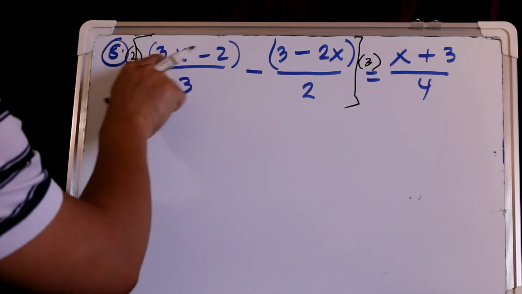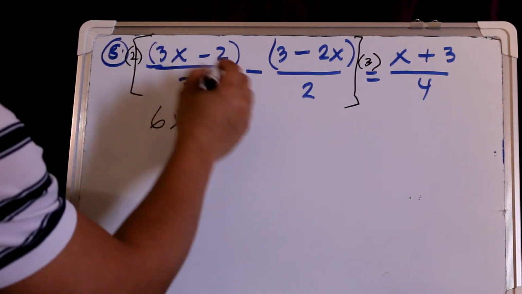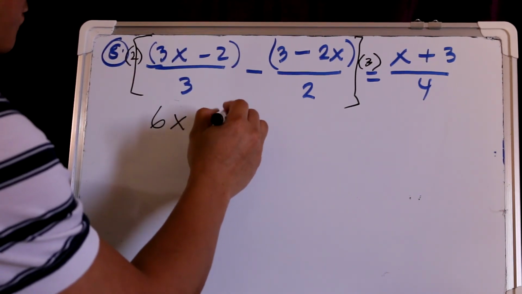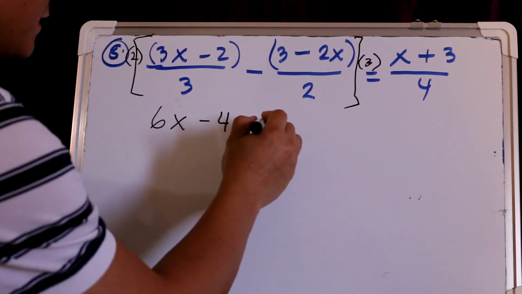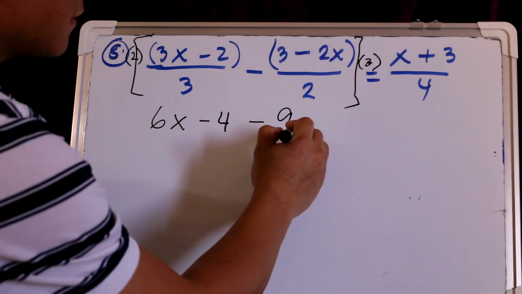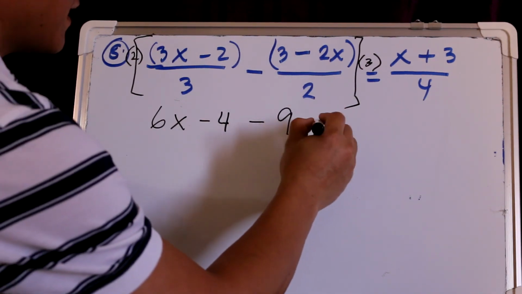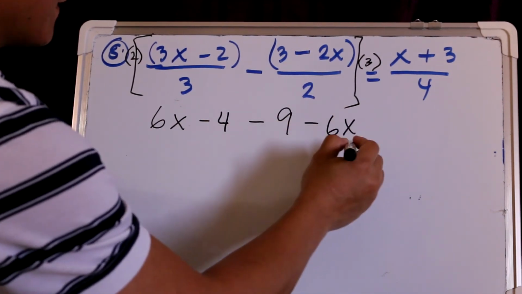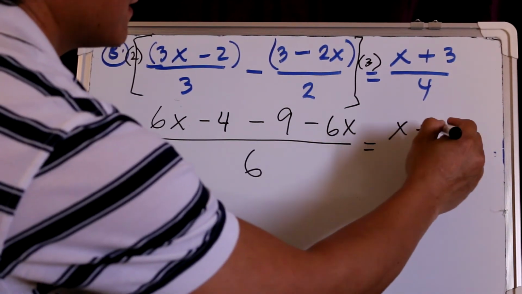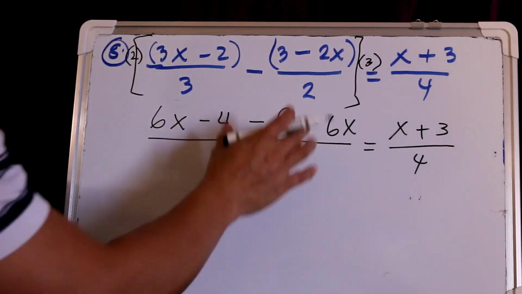Okay, so 2 goes with 3, that means 6x, and 2 goes with 2, that means minus 4. Then you have a minus. 3 goes with 3, that means 9. Okay, and then 3 goes with the minus 2x, minus 6x over 6 here. And then this is equal to x plus 3 over 4. Okay, so the next step is to combine like terms.